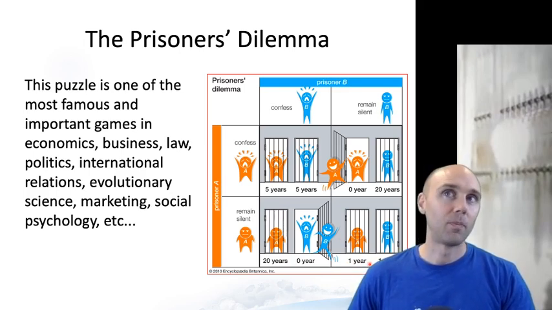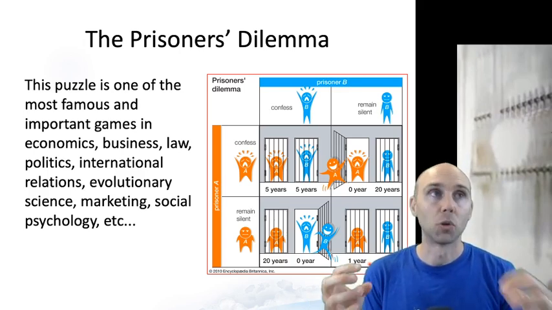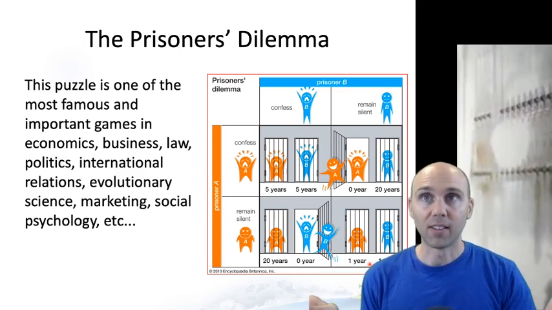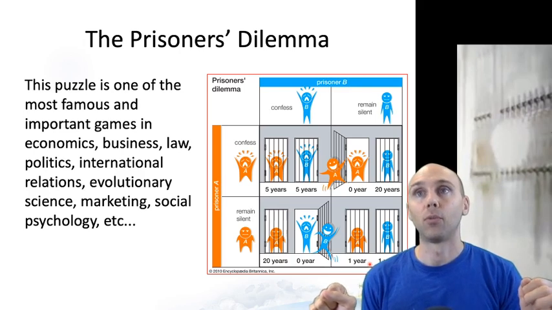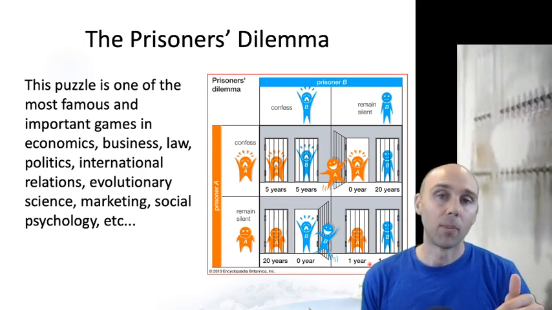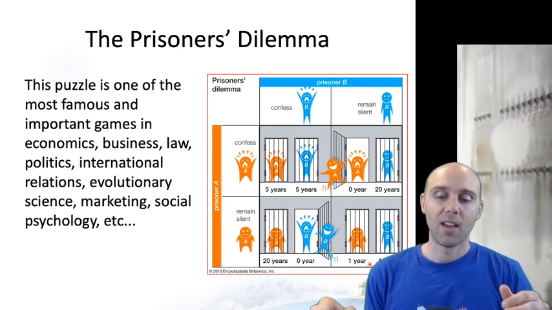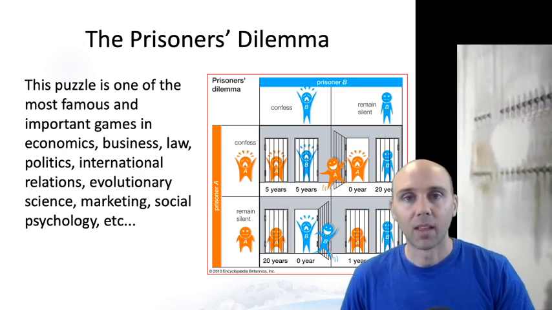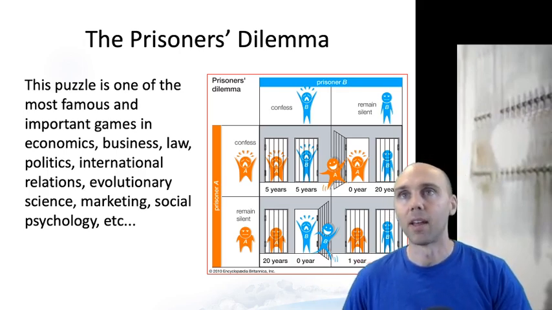So basically what happens is the detectives take the two prisoners, put them in two separate rooms and say, confess, and we'll give you a good deal. If you confess and the other person doesn't confess, then guess what? You go for free. And this is basically the policing technique used in every NCIS episode or CSI episode ever, I think.